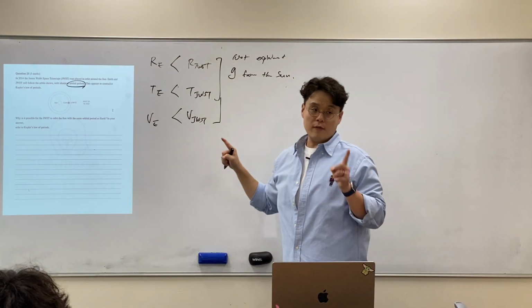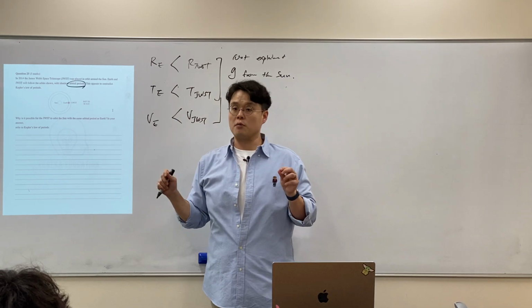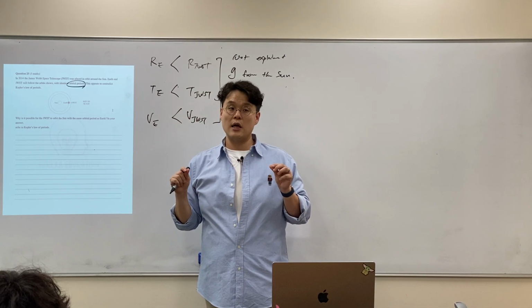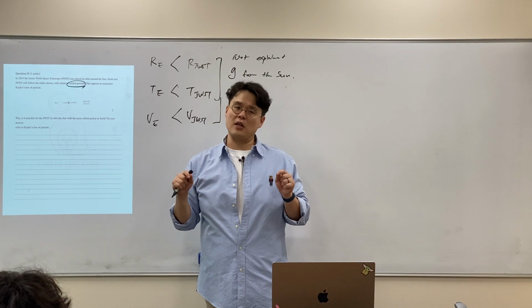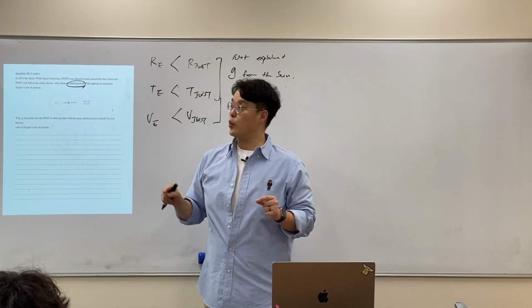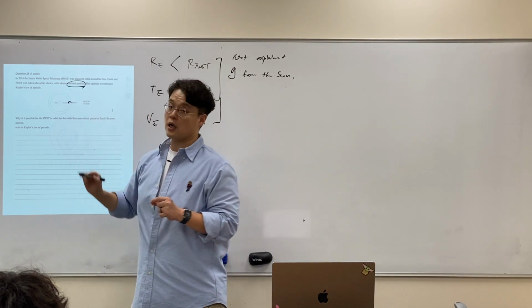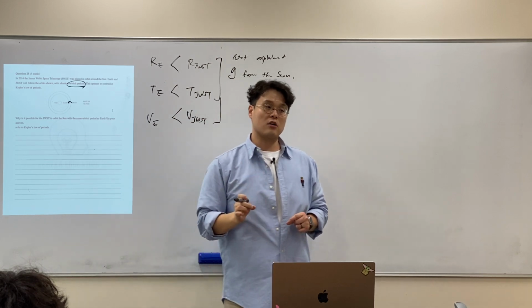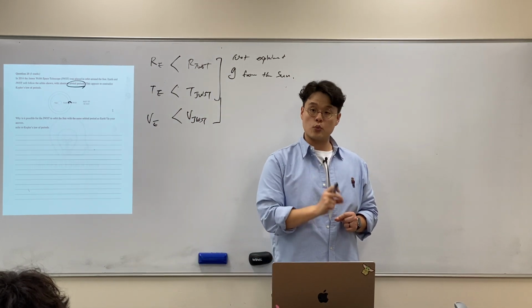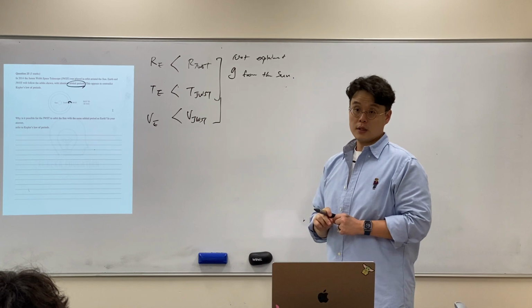But the JWST, which is a telescope, is relatively small compared to the mass of the Earth. So when the JWST is near the Earth here, it will be affected by the gravitational field of the Earth as well. Does it make sense?